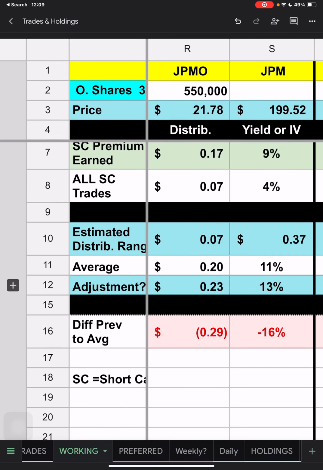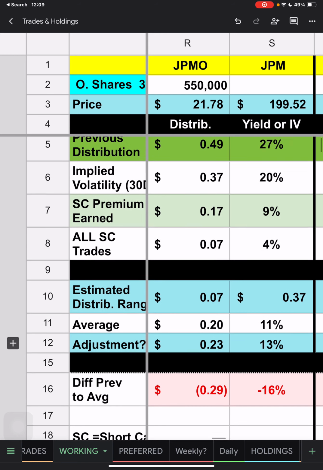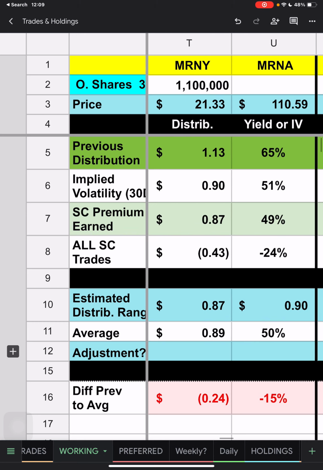I just didn't want to go through having to format percentages and take out decimals. But I don't know. Based on the average, that would be 29%, 29 cents less than last month, which is more than half down. But let's move on to Murney.